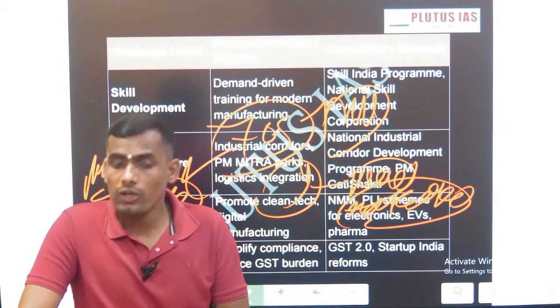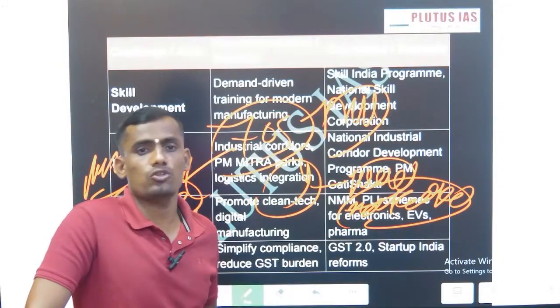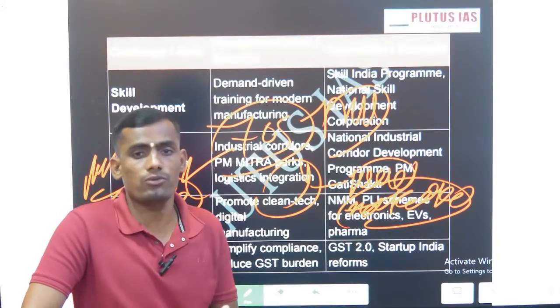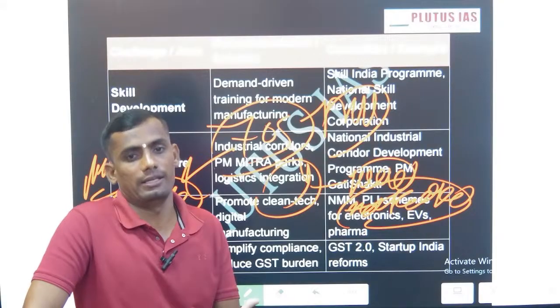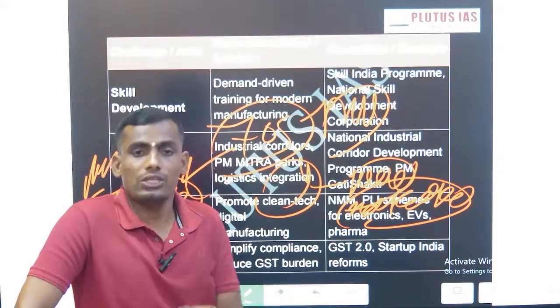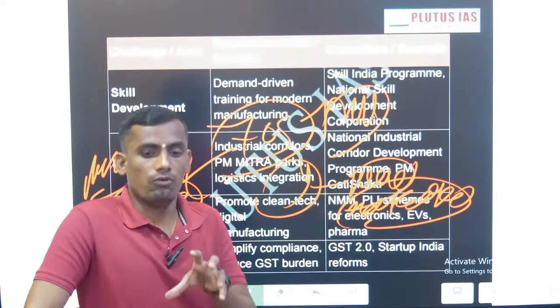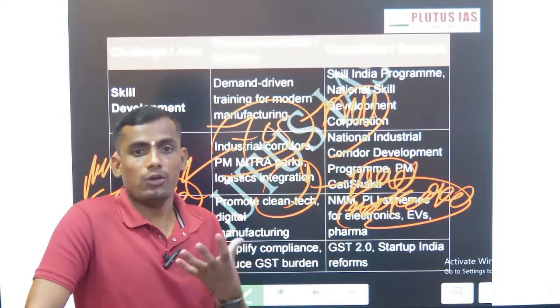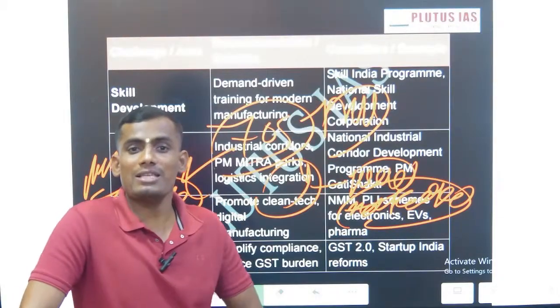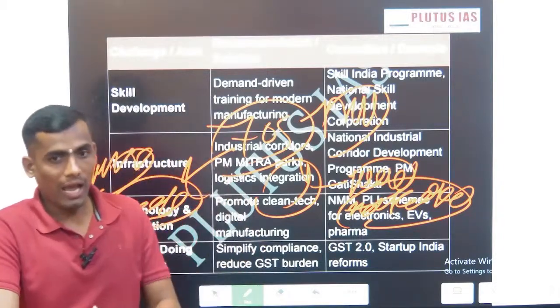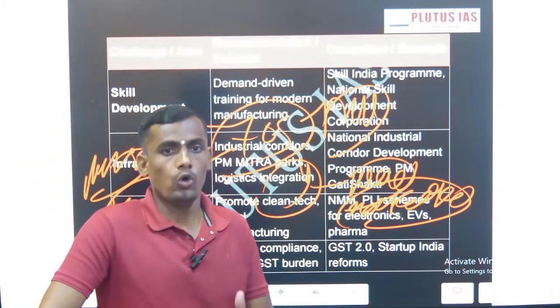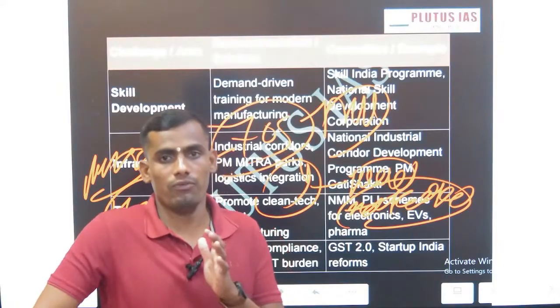For skill development, the Pradhan Mantri Kaushal Vikas Yojana or the 2025 PM apprenticeship scheme is the best example to boost skills. So these are the overall recommendations which can help India become a manufacturing hub as China did since the 1980s. And we have that potential right now to make India a global manufacturing hub.